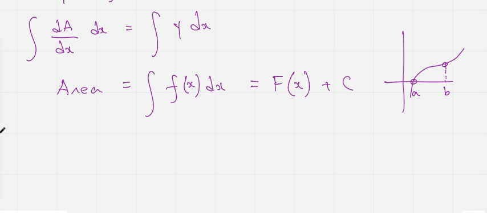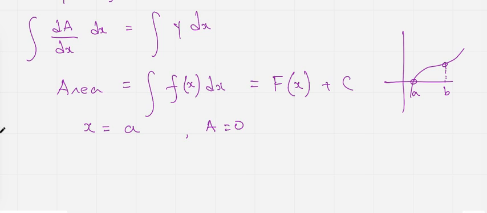So if the value of x is over here on the x-axis in such a way that the curve is intersecting that value, it means the area at that point is 0. Okay, so the area at x equals a is 0, right? So if at x equals a, your area is 0, right?